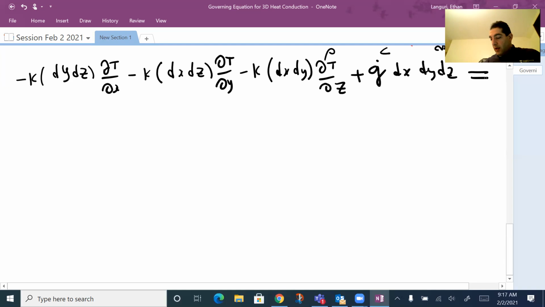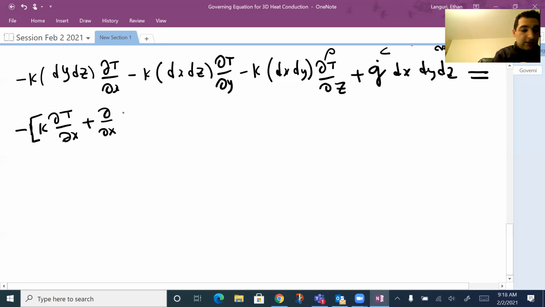equal to, on the other side, I had q x plus dx, which was minus k del t over del x plus del over del x of k del t over del x times dx, times dy dz.